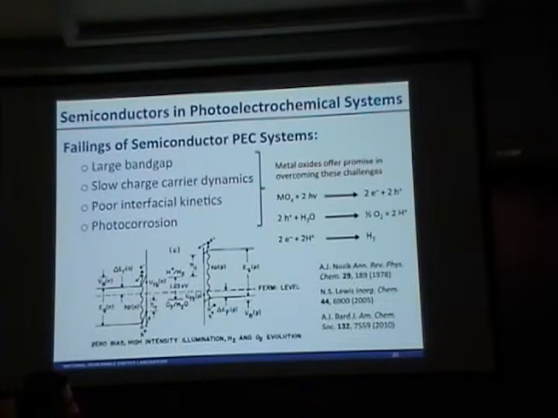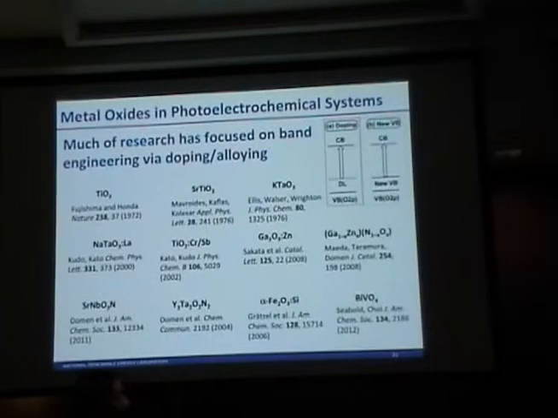Here are the three basic reactions, and I'll point you to three excellent reviews on the topic if you want to start delving into this literature a little more deeply. And so this is a shotgun approach to some of the best materials that have been shown to date. I already noted TiO2 from Fukushima and Honda back in '72. There have been various attempts over the last four decades now to either dope or alloy these metal oxides.